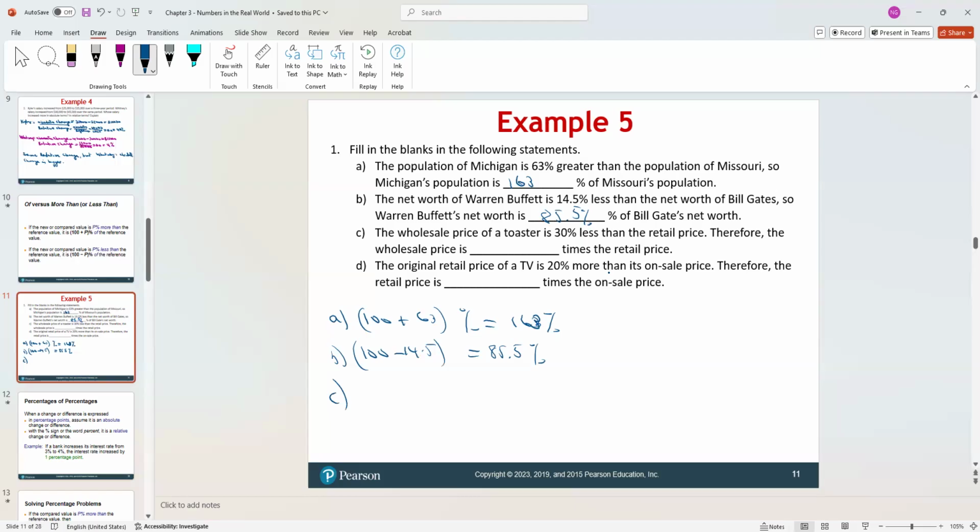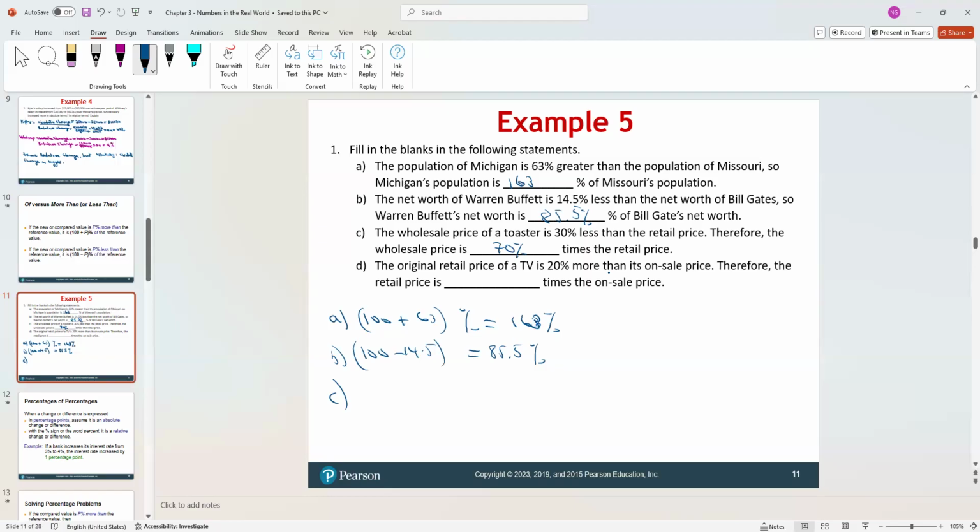Since the wholesale price is 30% less than the retail price, this one is only 70% of the retail price, which is 0.70 times the retail price. I'll leave the last one for you to enjoy, and hopefully you'll do as many examples as possible. That's our job, to go over it and tell you.